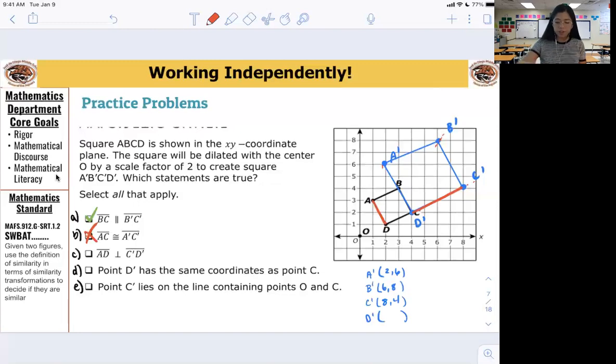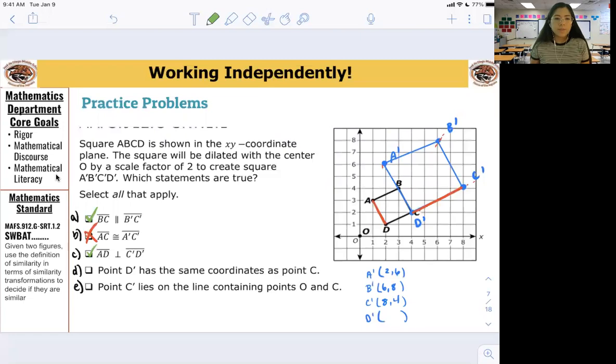Even though they don't touch, what's true about their slopes? Well, the square has 2 slopes. It has 1/2 and -2. So they're opposite reciprocals, which makes them perpendicular. So this one's true. Little tricky. If you picked no, you can argue that you're correct, and I'll give you that point.